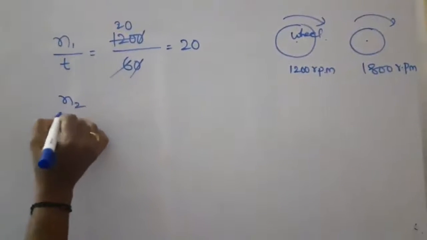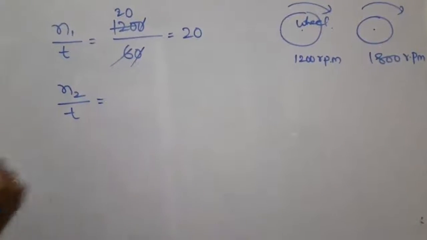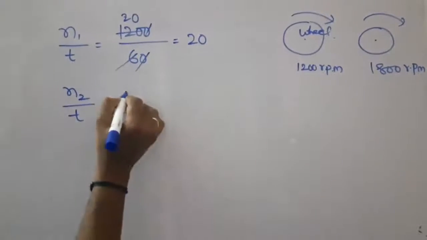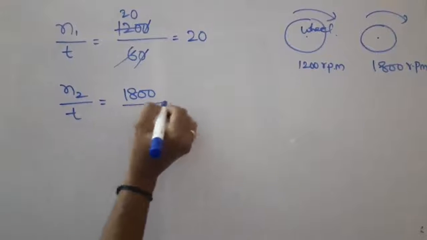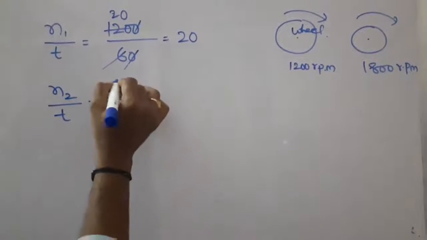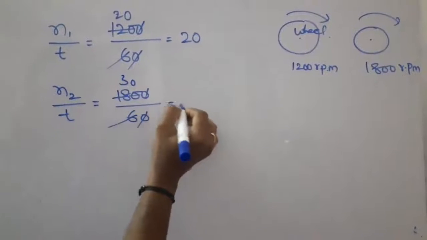So next, n2 by t, number of revolutions per time, is 1800 divided by 60, that is 30.